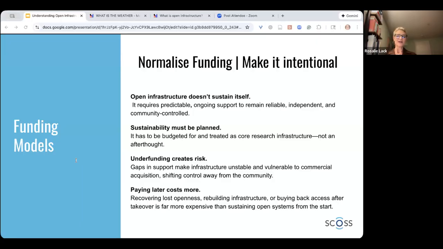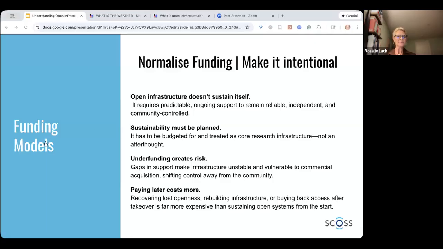So the idea is to not wait till these infrastructures are acquired or are having disruption in service or any of that, but rather to normalize funding them and to make that intentional as we fund any other resource that we use.